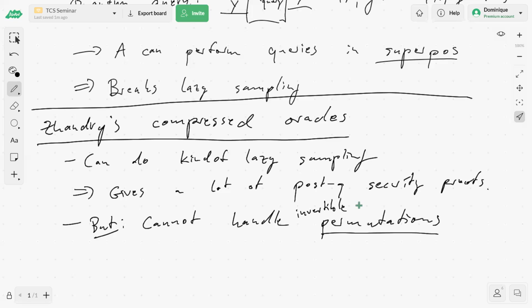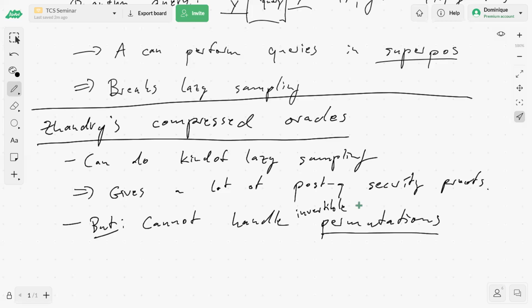And this cannot be handled with Zhandry's compressed oracle technique because it's purely for functions that are uniformly random. One can tweak it a bit to cover functions where the outputs are not uniformly random, but still each output has to be chosen independently from all the other outputs. So in a permutation, this is not the case.